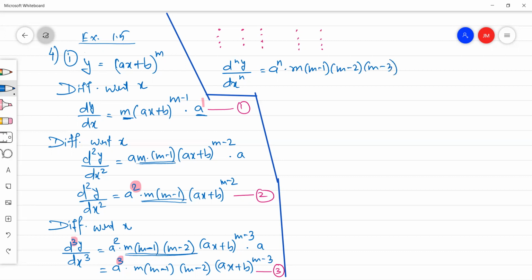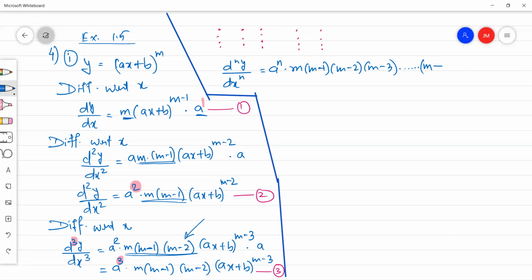I'll keep writing one lesser number in decreasing order. And the final bracket which I will have, it will have m minus a number which is 1 less than this. It is 3, so you subtract 2.